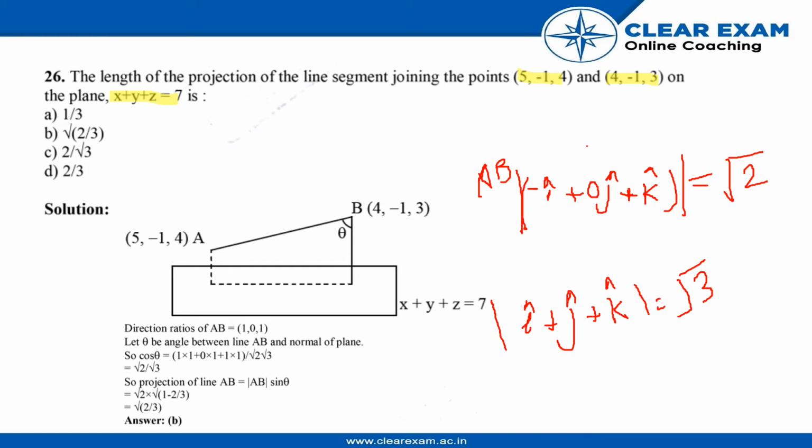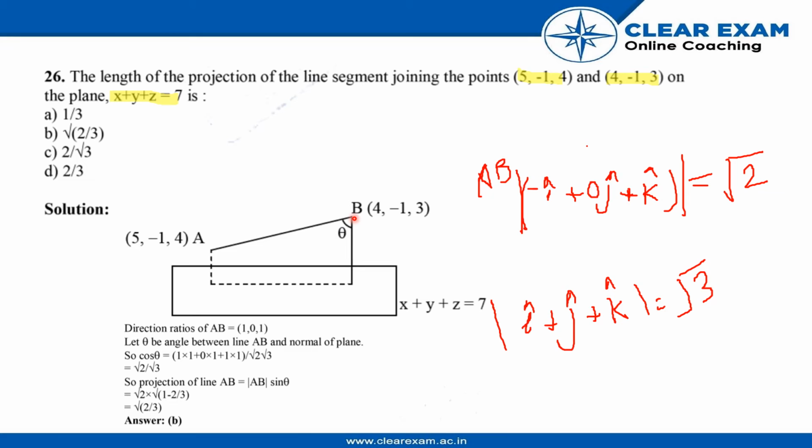Now we come to the solving part. We have all the necessary calculations we need to do right now. So now we understand the solution. The direction ratios of AB are, as I said, 1, 0, 1, right? Now the angle theta between the line AB and the normal of the plane is, can you guess?